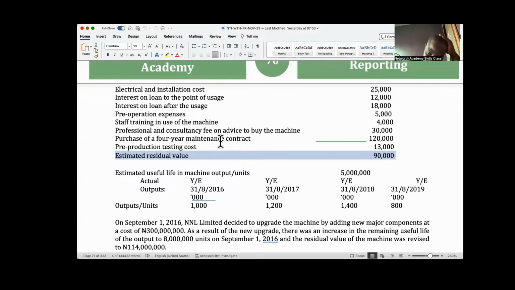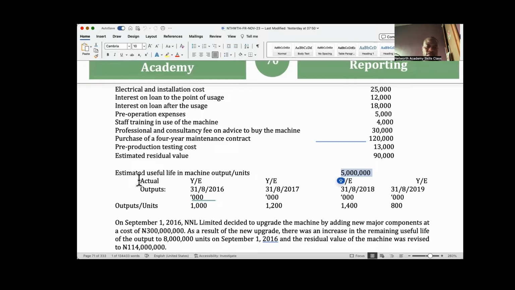They now gave us the estimated useful life in units, 5 million units. Don't forget, I already told you that useful life can either be expressed in number of years or it can be expressed in number of units. In this case now, they expressed it in number of units.